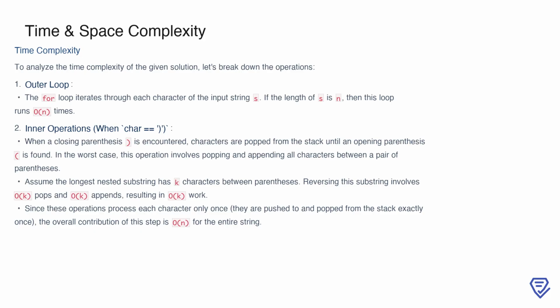This involves popping and appending characters to the stack until the opening parenthesis is found. While this step might seem costly, it processes each character exactly once, pushing and popping it from the stack only once throughout the algorithm. As a result, even in cases with nested substrings, the total contribution of these operations is still n for the entire string.